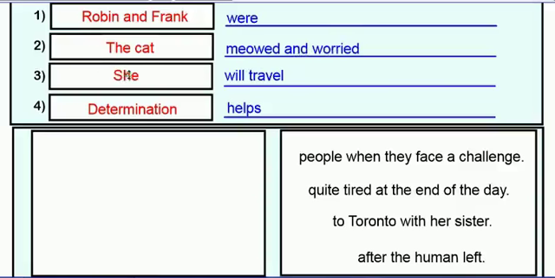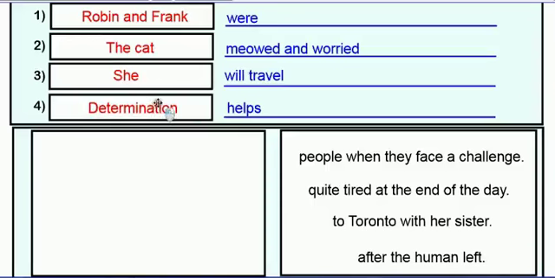And then in this third sentence, she is a pronoun. So instead of using a female name, we're using this word she, which is a pronoun that we can use instead of a noun. So she will travel. So will travel is the verb. It's a verb phrase because when we talk about the future tense, or in this case the simple future tense, we need two words to make the verb, and that's why we call it a verb phrase.